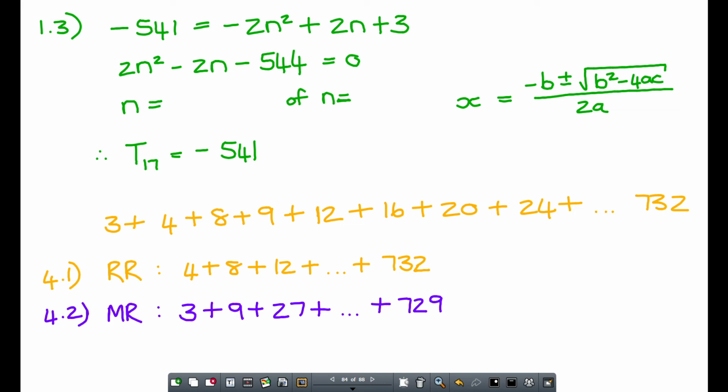Okay, so dit raak hier en dan, sorry julle. Kom kry ek nou altyd math error. Dit moet wees 17 hoor. Moet ek double check.